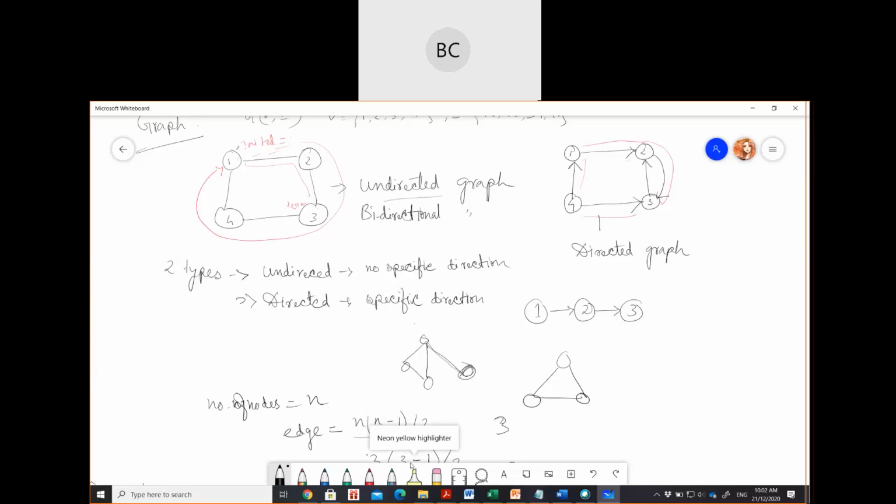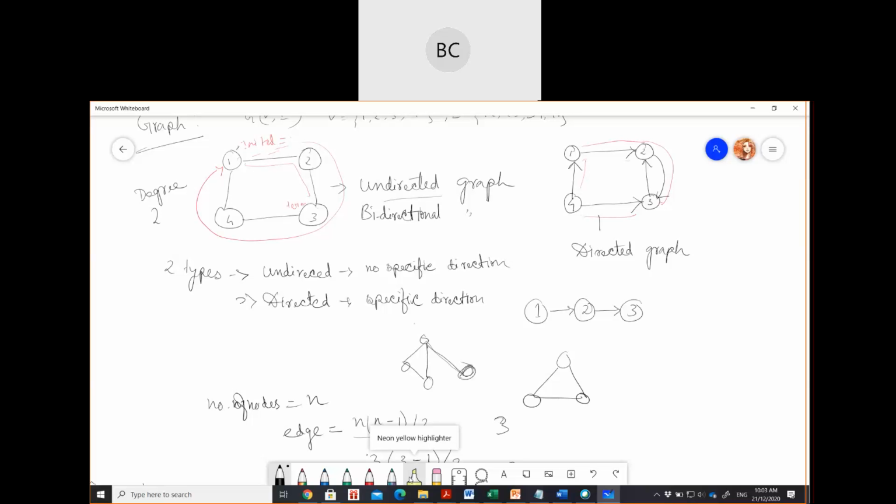Now, if I'm saying degree of node, that means it will specify the number of edges that are connected with that node. So for node 1, here degree will be 2, because from 1 there are 2 edges that start from 1. Correct?